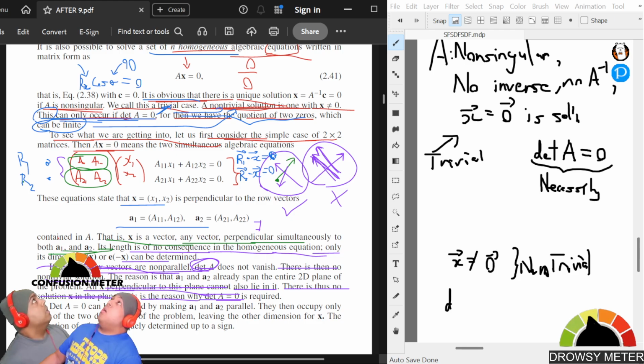So let me write that: theta equal 90, or x equal 0, or r equal 0.